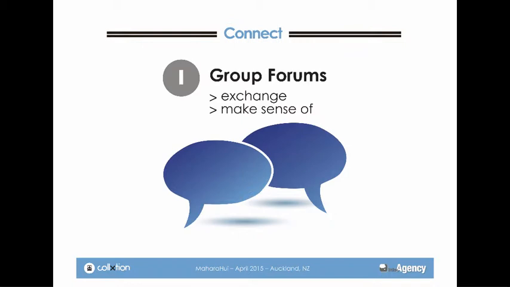Okay? And then, so to connect, there is the group forums. So this is your first place of socialization in Mahara, is within the group. This is where you will sort of put together the people in your group, and the group forums enable this conversation. So that may be simply question and answers, or there could be instructions.